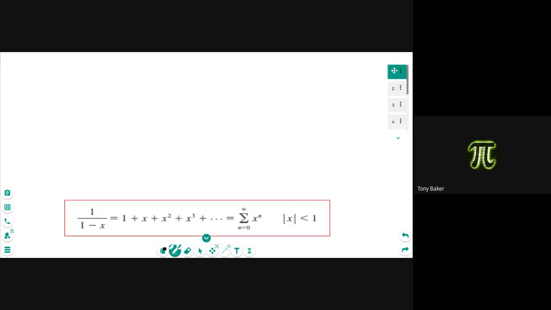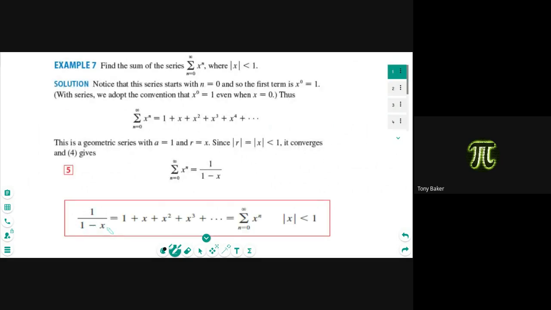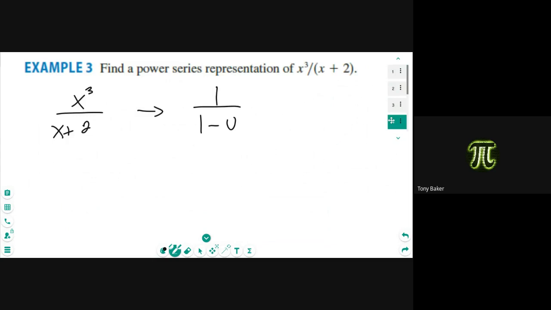Because that's the initial statement. It was 1 over 1 minus x, or I'm making it u just so we don't get confused with the x's. That's the geometric series. So if I can represent it as something that looks like this, I can then find the actual answer for that problem or be able to estimate it. Okay.